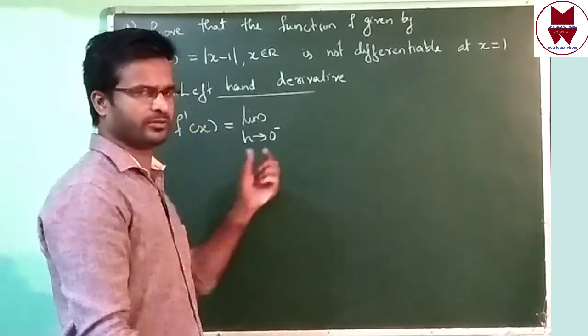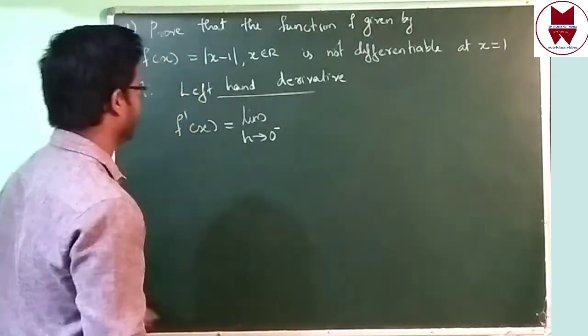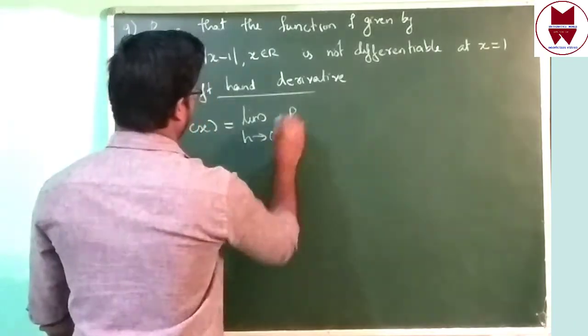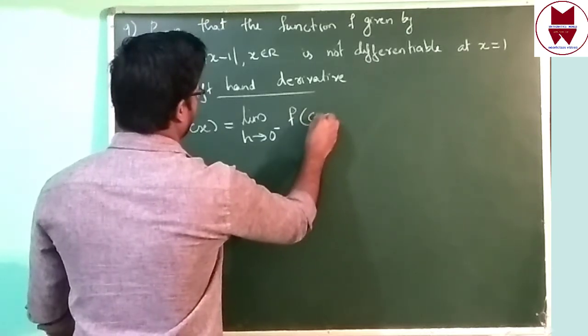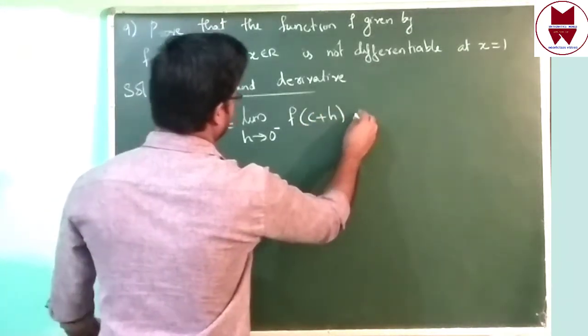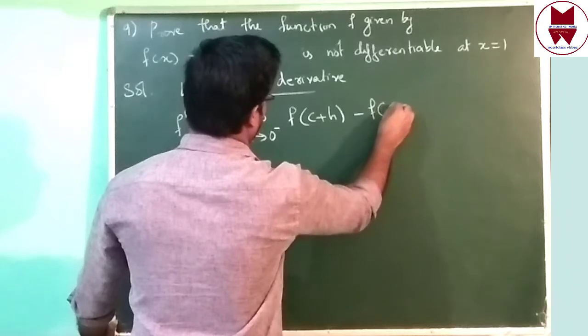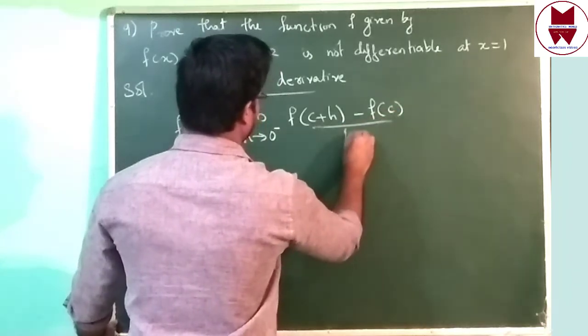We don't know the very small quantity h, isn't it? Then f of c plus h minus f of c divided by h.